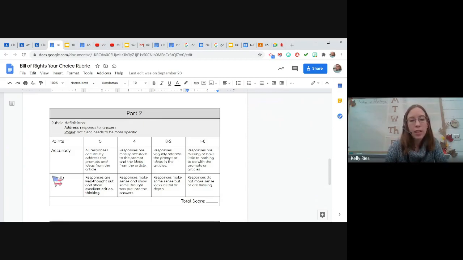And then the other question is depth. Are your responses well thought out and do they show excellent critical thinking skills? So again, this is why we don't just put yes or no or one word answers. This shows that you are critically thinking. This goes back to when it talks about the outcomes of a Supreme Court case. What are the long-term outcomes?